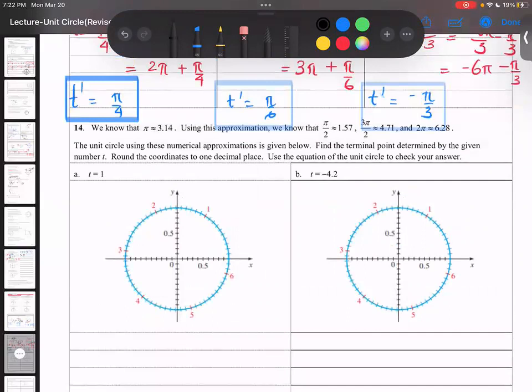Now if they don't give you t in terms of pi anymore, they give you t in terms of radians, right? Remember, pi is equivalent to 3.14, right?